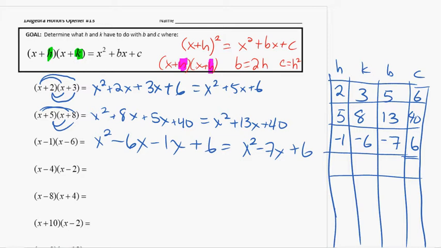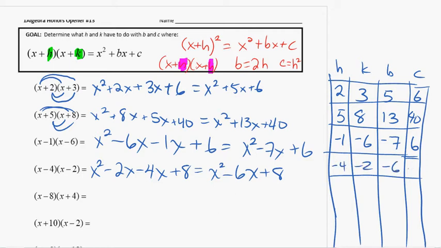Patterns, patterns, patterns. One more. X squared minus 2x minus 4x plus 8, which is just x squared minus 6x plus 8. Minus 4, minus 2, minus 6, positive 8. Well, hopefully you're starting to see the pattern.